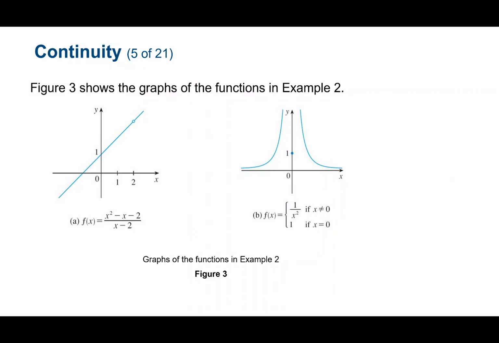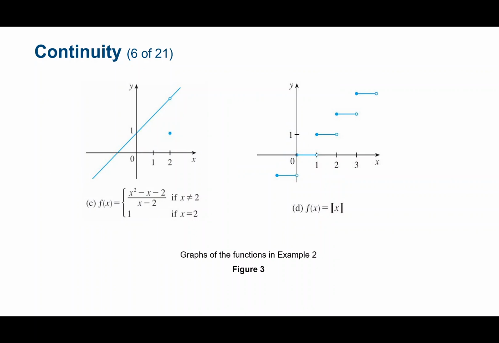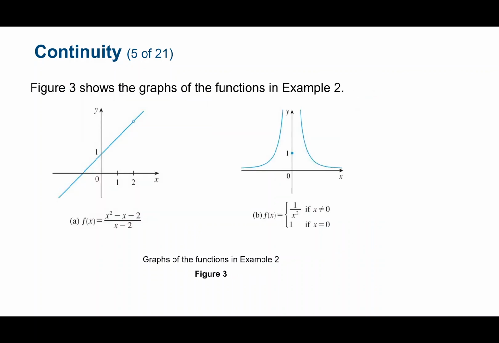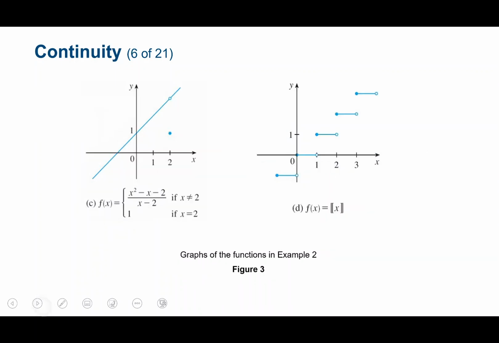In C, we have a situation where we have the hole, but the point for that x value is redefined at another y value. So those two we call removable discontinuity. Sorry, C part, removable.